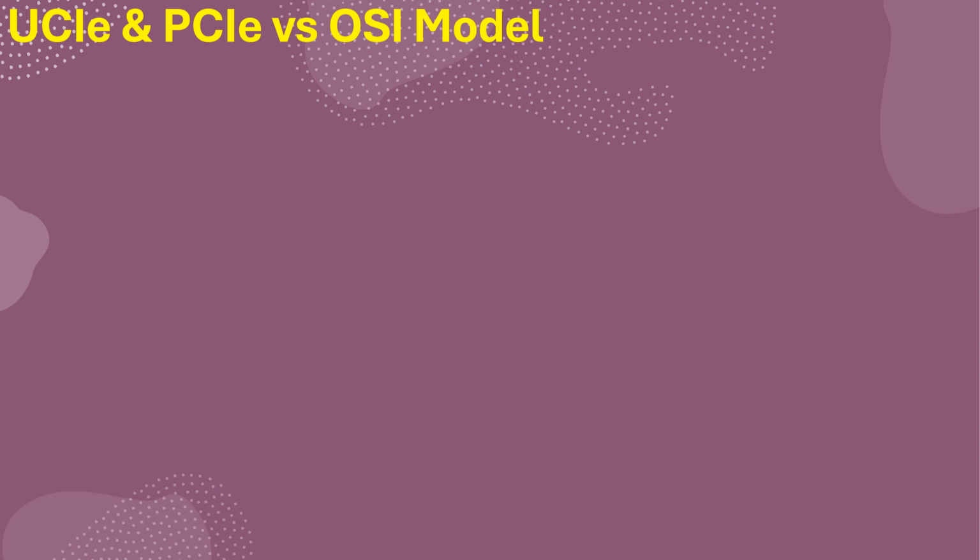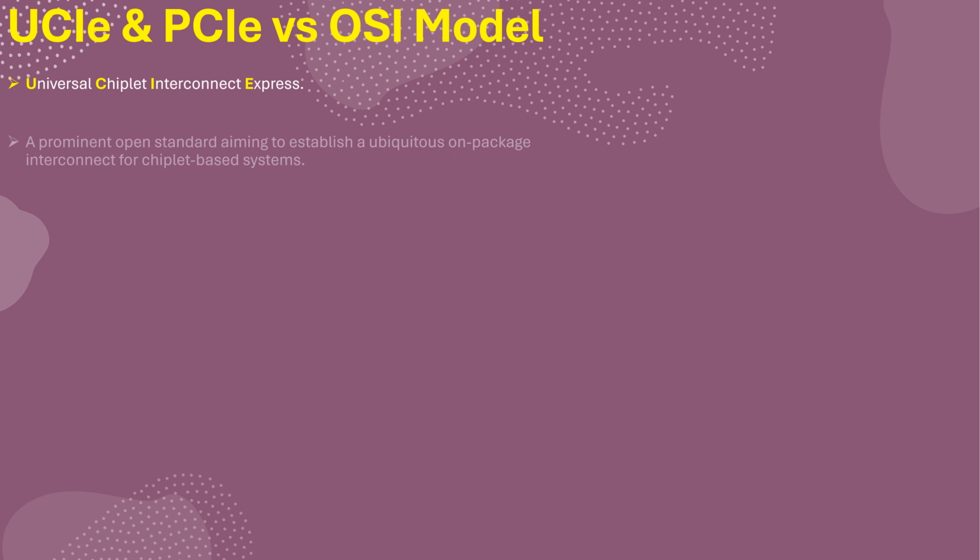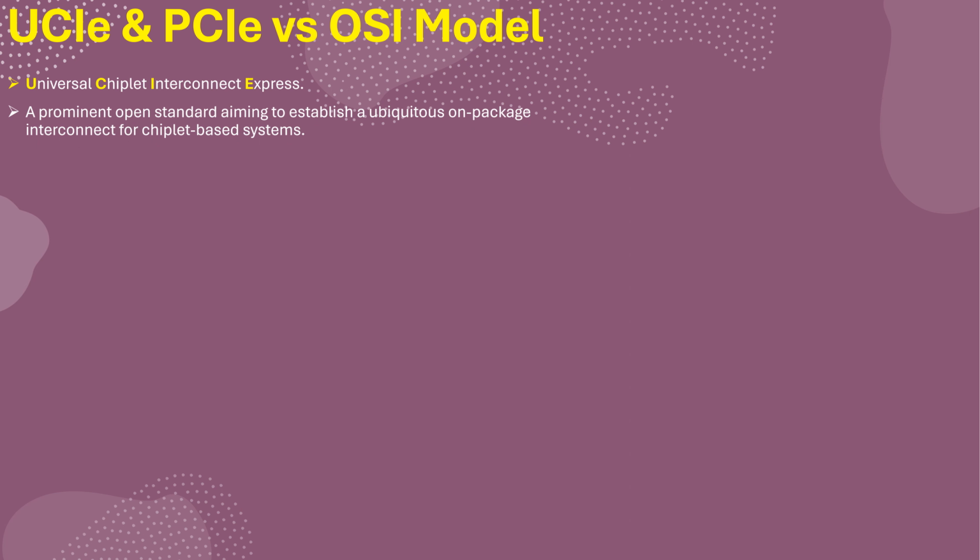Let's compare UCIe Express with other relevant protocols or models. What is UCIe? Universal Chiplet Interconnect Express. It's a prominent open standard aiming to establish a ubiquitous on-package interconnect for chiplet-based systems.